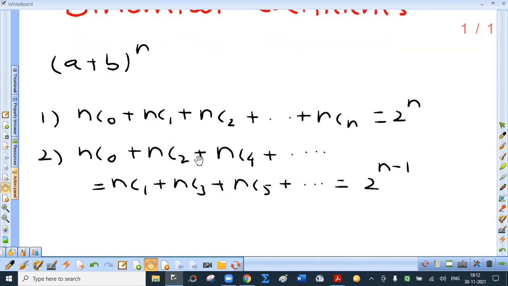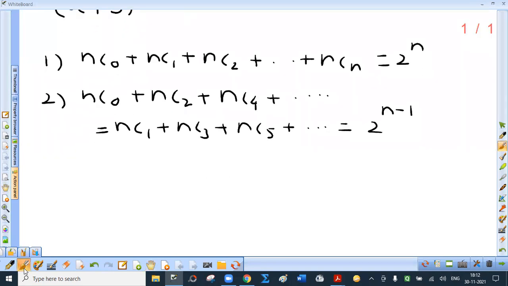Now, let me explain the proof. What is (1 plus x) raised to n? For 1, I will write NC0 because when I say of order n, n has to be a natural number.